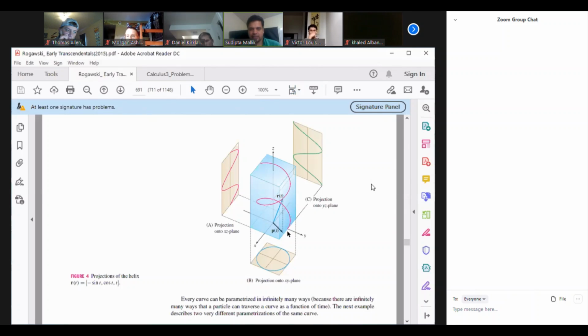This red or pink curve is the helix. Now if you project it on the xy plane, that's going to be a circle. If you project it on the xz plane, that's the projection. If you project on the yz plane, that's the projection.